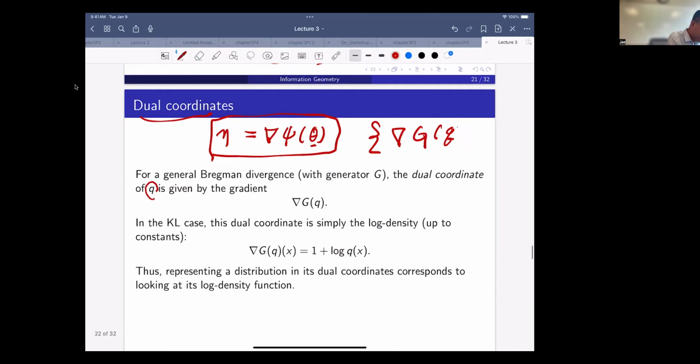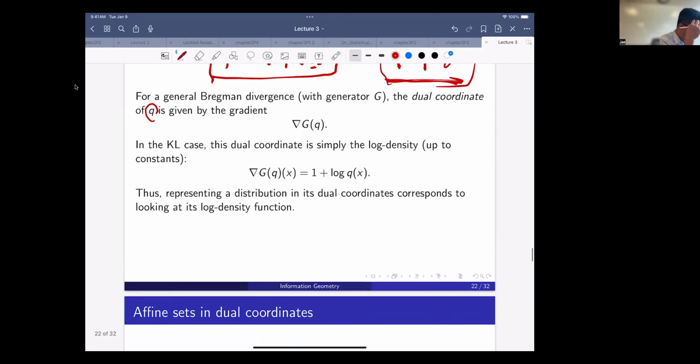If your Q is in a subspace, then this is a dual coordinate. We don't really have to consider the other one, just this one in itself, because as you move Q over, whatever space it generates is a dual coordinate system.